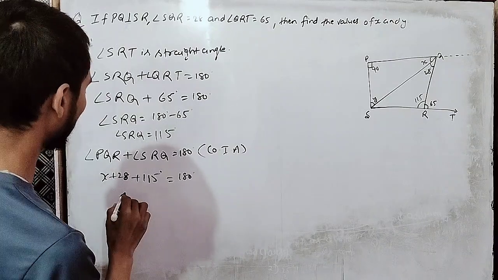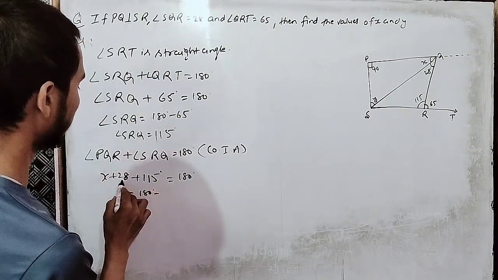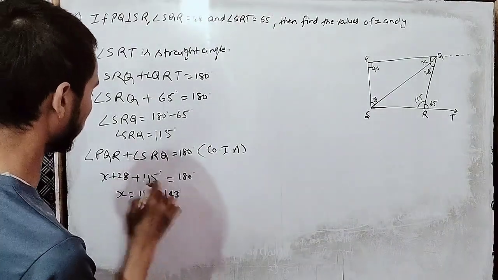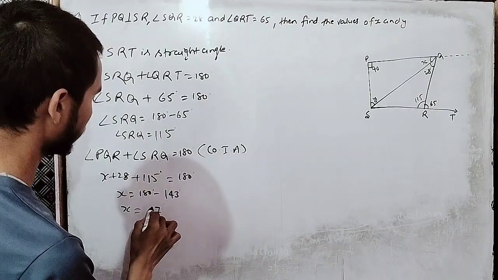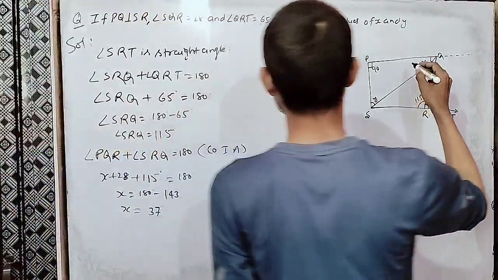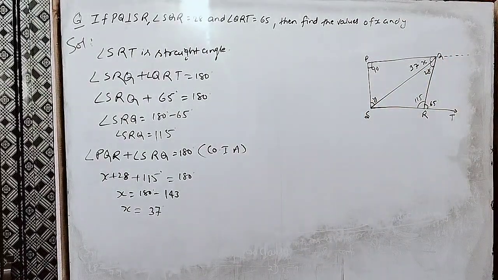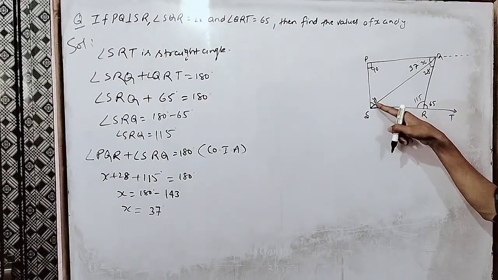We have a linear equation: x plus 143 equals 180. So x is 37. Now we can find the value of this.